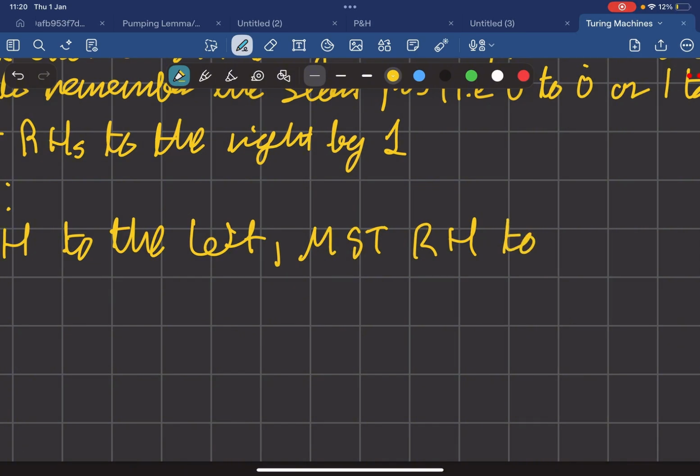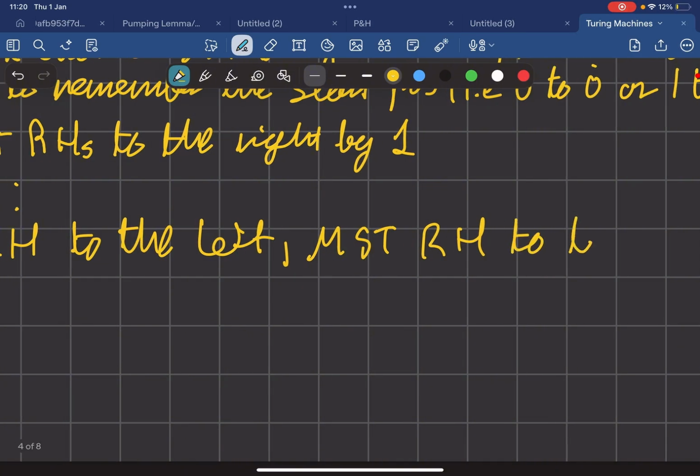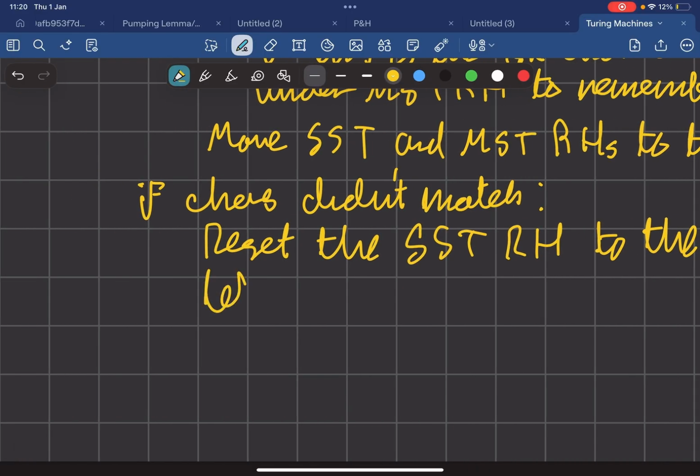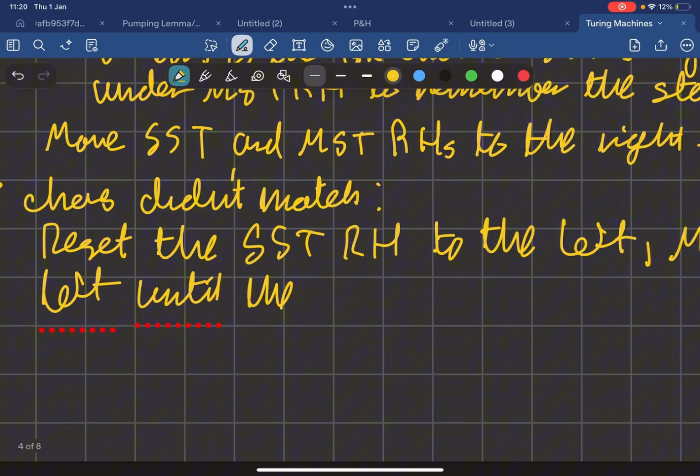So move the main string tape read head to the left until the first marked character we see.